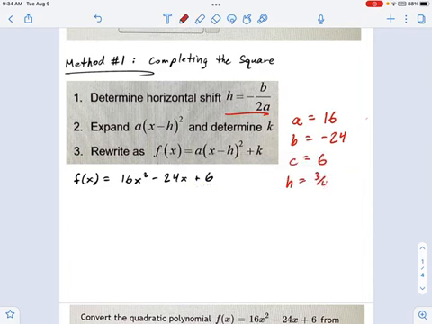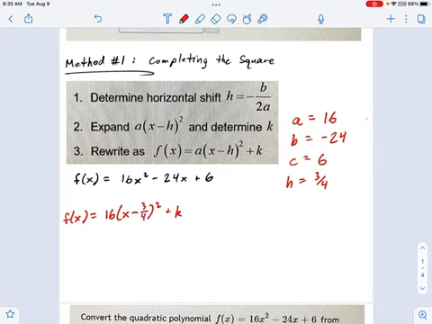H equals 3/4. Now, step 2, what I'm going to do is expand this form right here. Remember, I'm going for a vertex form that looks like this. So we're going to go ahead and start writing that. f of x equals a times (x minus h) squared plus k. Except for us, we have some numbers here. a is actually 16. h is not h, h is 3/4.